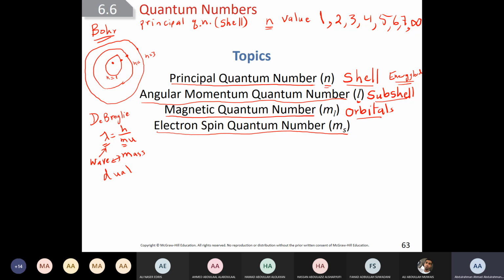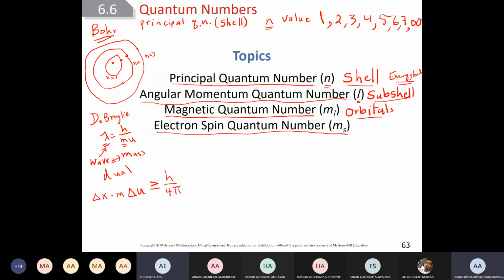Very good. After de Broglie came another scientist who developed the uncertainty principle. What's the uncertainty principle? Delta x times m delta u, or delta p, is greater than or equal to h over 4 pi.